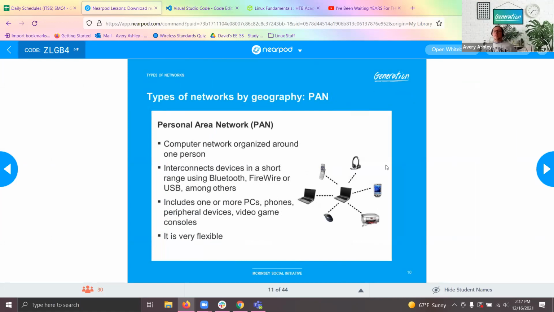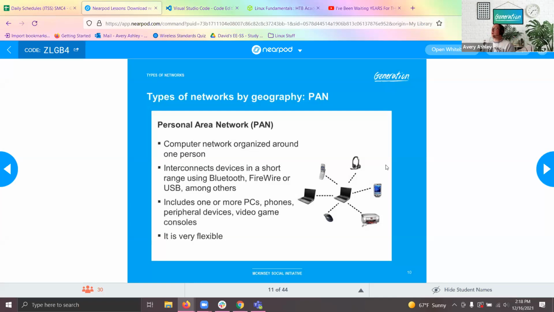All right. So, types of networks by geography. You're going to need to know the differences between all these different ANs, as we call them. So we have our PAN, which is our personal area network. You just need to think of what is directly connected to your personal little network. This is where you're going to think of Bluetooth, FireWire, USB connections, your peripherals, things that are within touch of you and your little area.